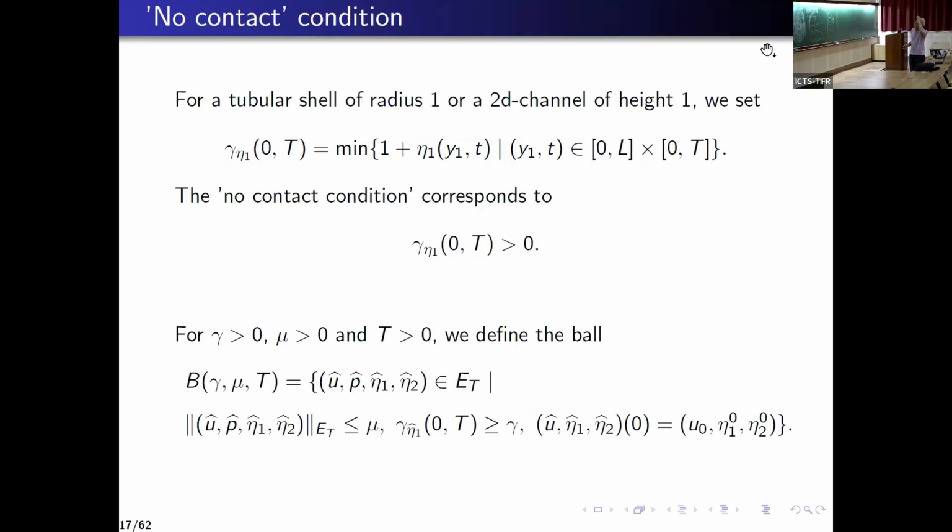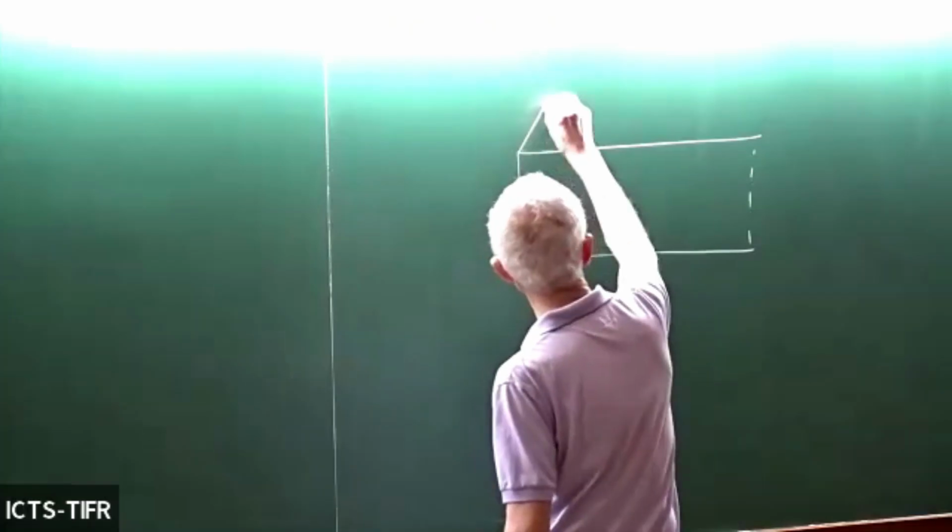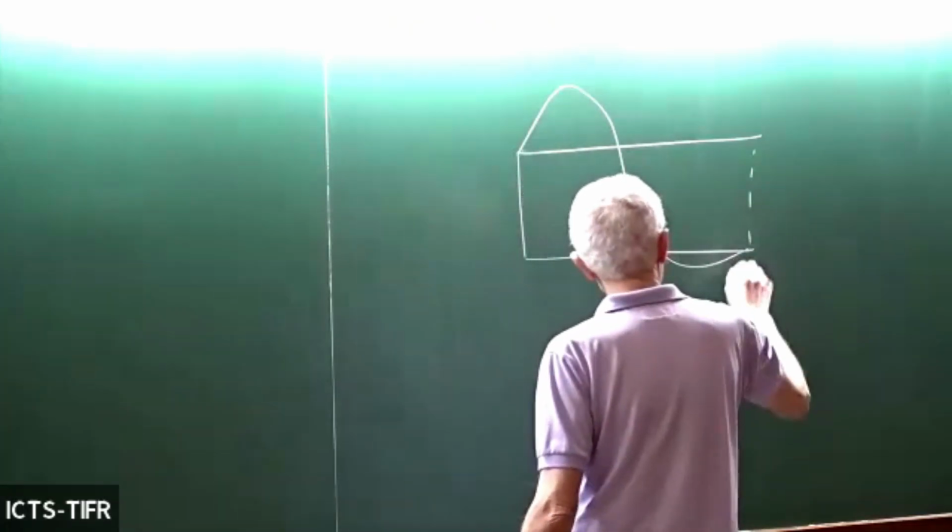Now I have to add something else. For this fluid structure model, I must be careful. When I solve the linear equation, I can have a very large displacement, something like that.